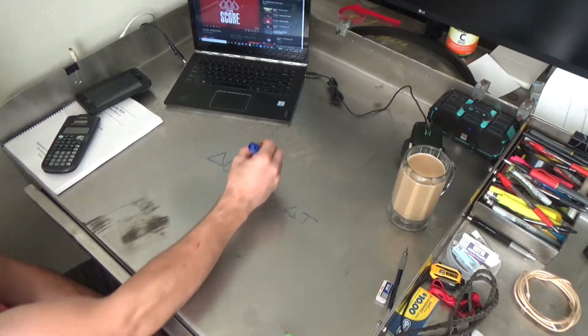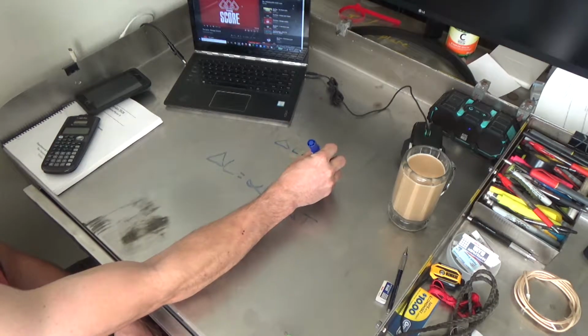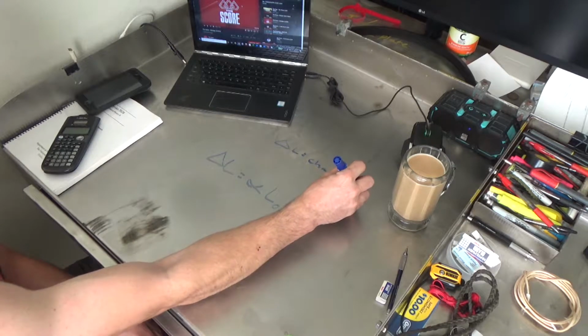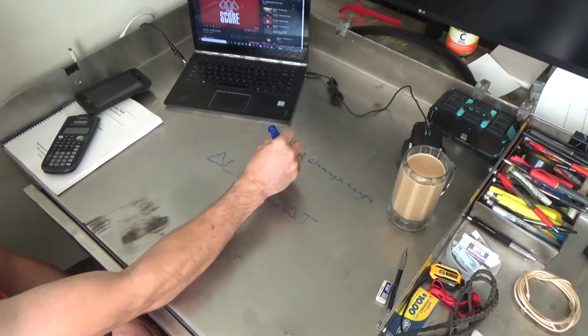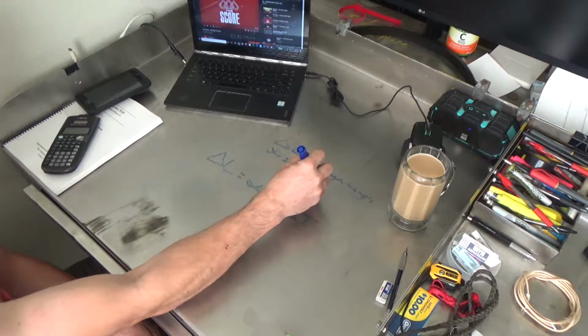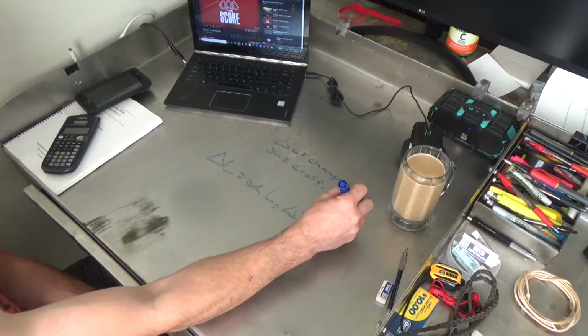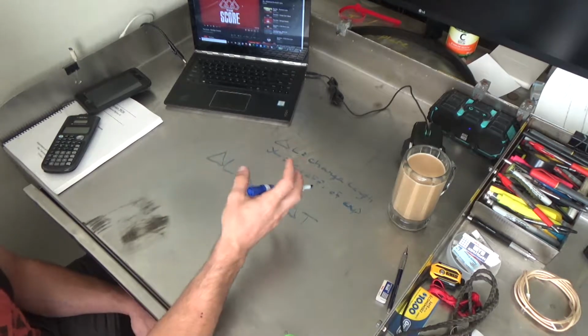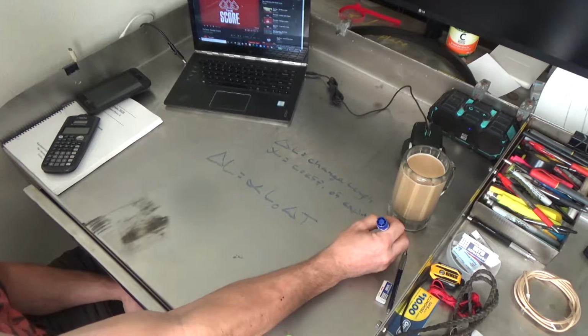So you got delta L, which is change in length. And you got alpha. That's the coefficient of expansion for steel, mild steel. This isn't like austenitic stainless or anything like that.